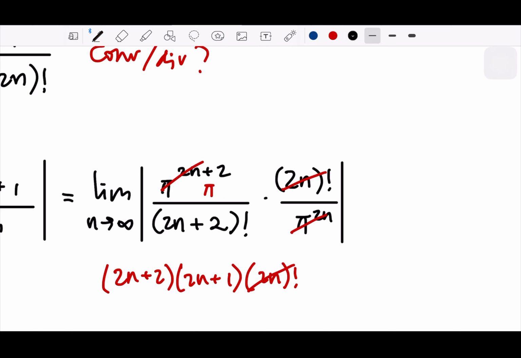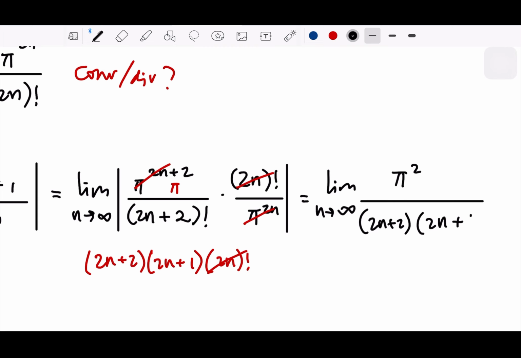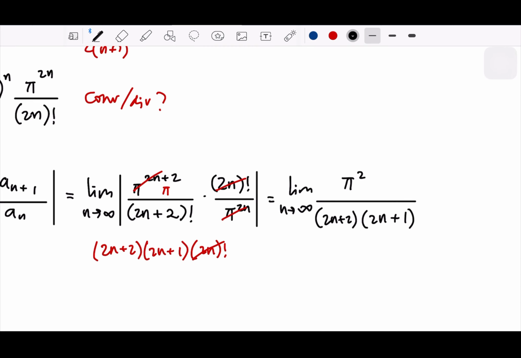So we have the limit as n approaches infinity of pi squared over (2n plus 2)(2n plus 1), where the top is a constant and the bottom goes to infinity, so in the limit this will be 0. So 0 is less than 1, right?